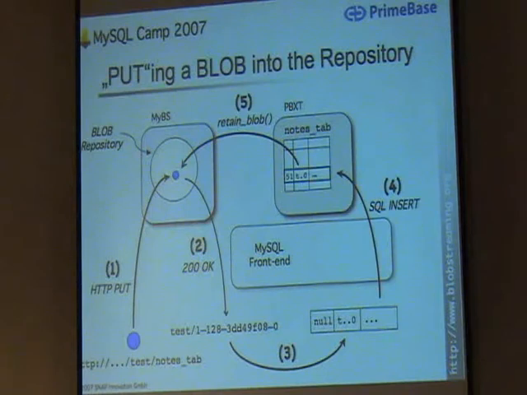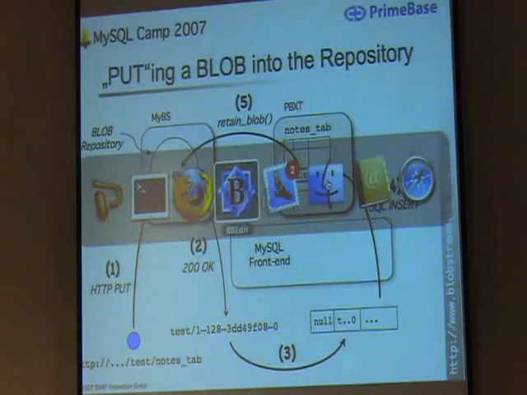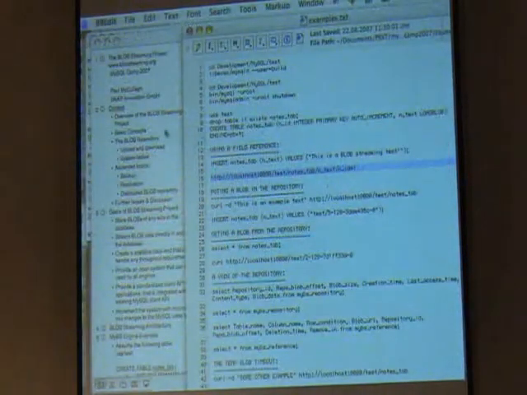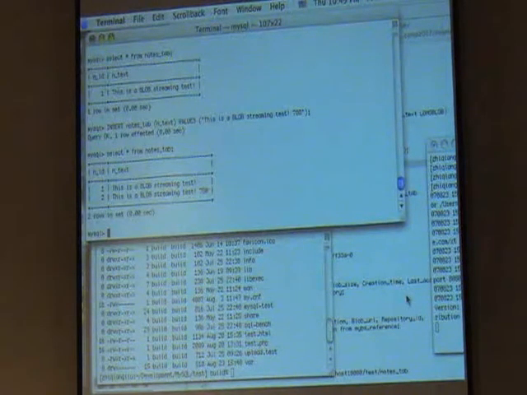That blob is removed from the repository if it's not referenced before that time. It keeps the reference. Basically, it tracks all of the references from the database to the repository.